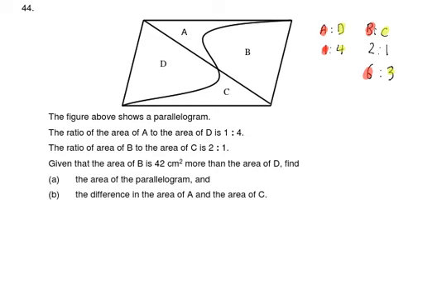They say that B is 42 more than D. So, B is 6, D is 4, so 2 units equals 42. So 1 unit equals 21. Now the question is, what is the area of the parallelogram in terms of units?